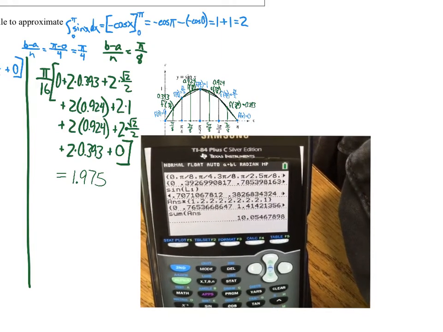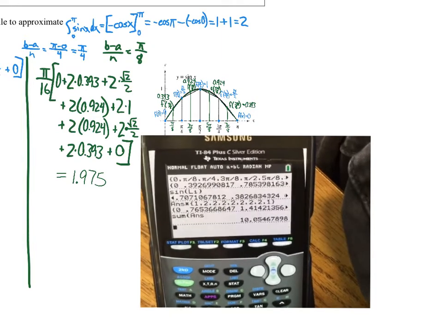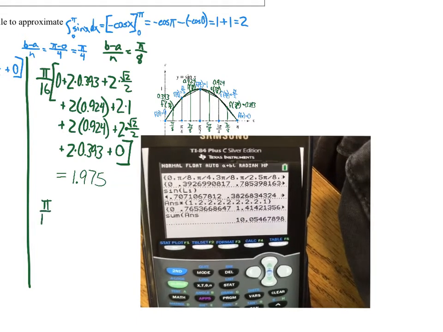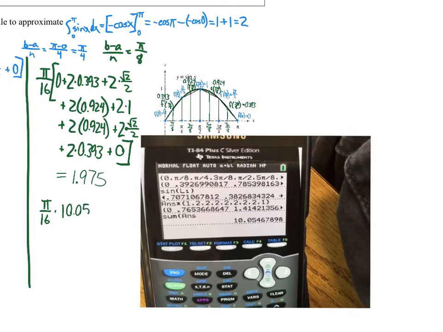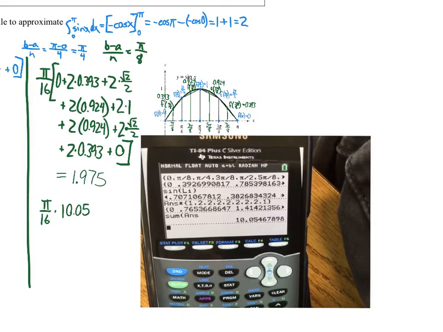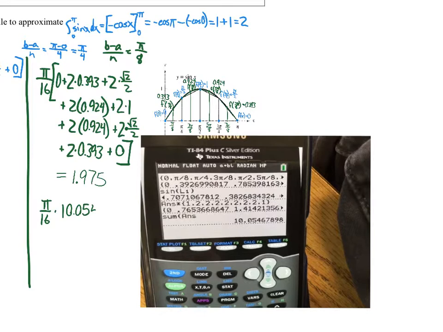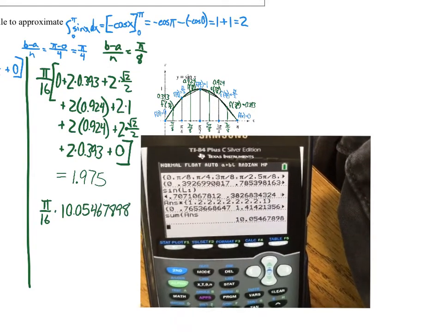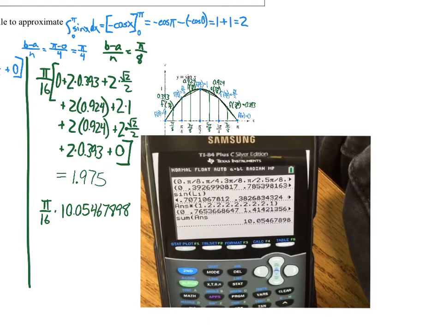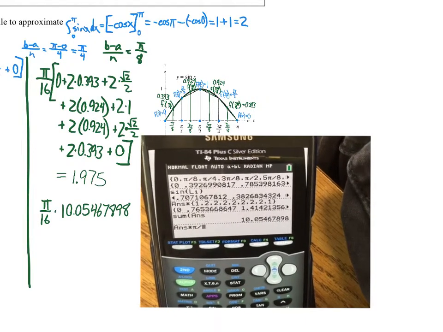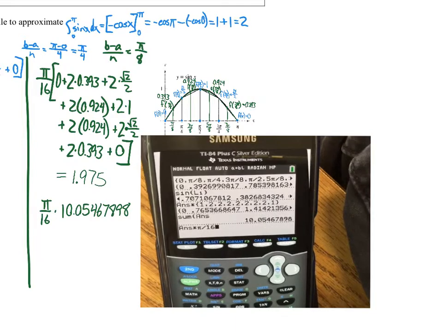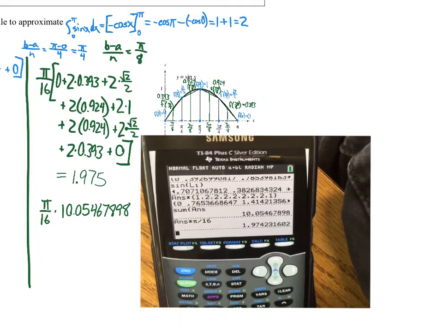All right, so going back, I had pi over 16 times 10.054, 6, 7, and so on. So all I've got to do now is multiply by pi over 16, and I got 1.974.